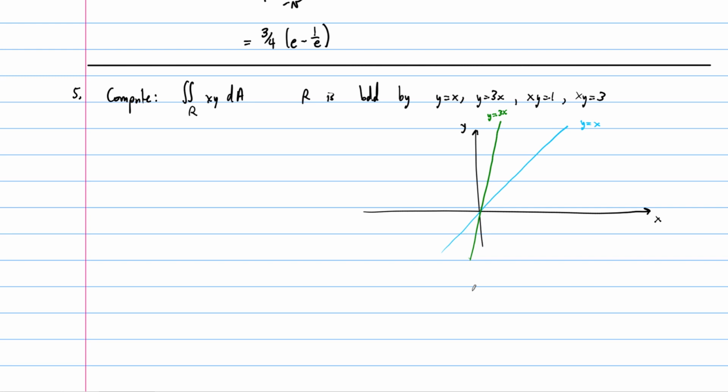And then our 2 hyperbolas, if we rewrite these, right? So this is just y equals 1 over x. So y equals 1 over x is going to look something like this.